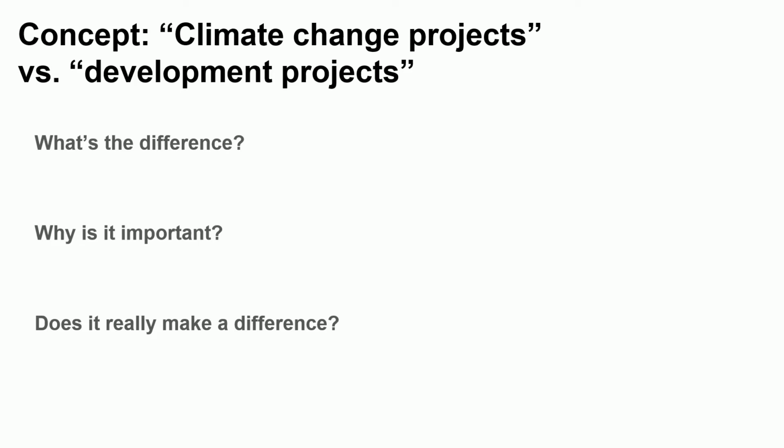So the first question to answer, we've got three questions here, really. The first question is, what's the difference? Well, simply put, climate change projects address problems that are being driven primarily by physical processes of climate change. So, for example, these problems are rooted in, or they come from, increasing temperatures, or changing patterns of precipitation, or sea level rise, or changes in climate and meteorological extremes.